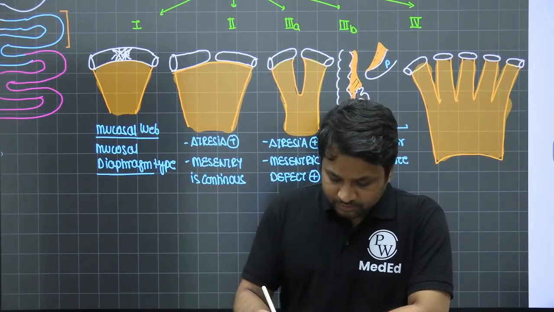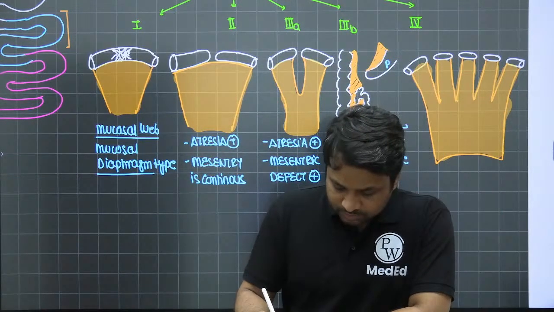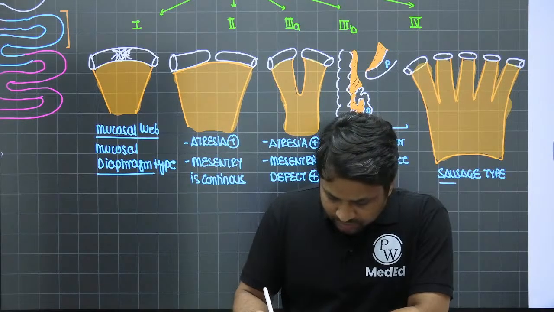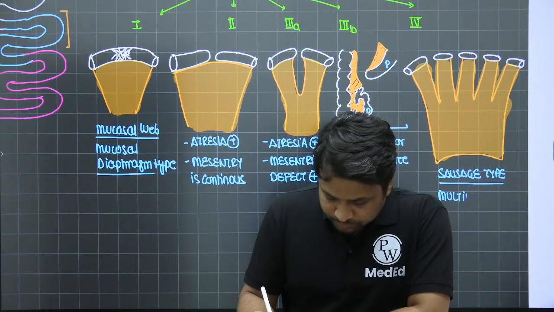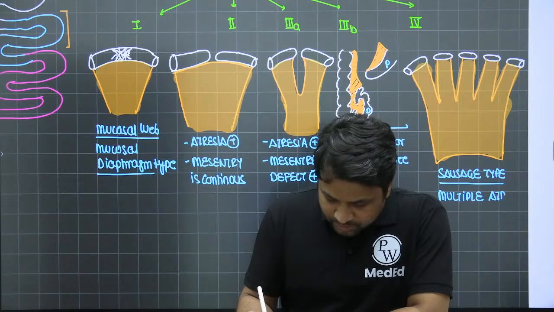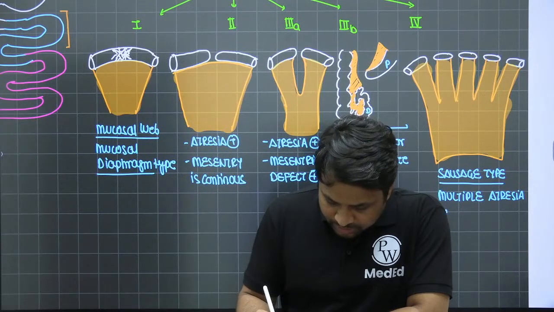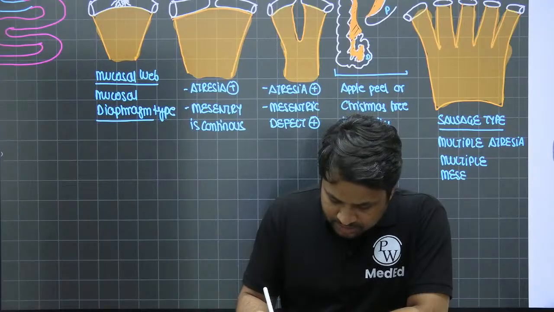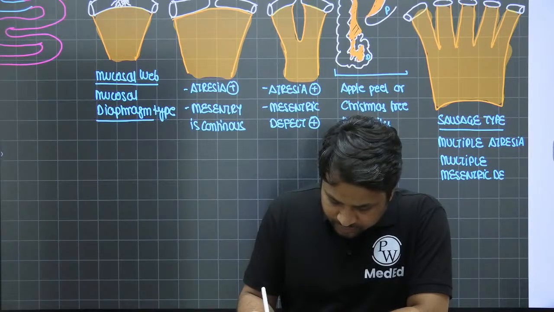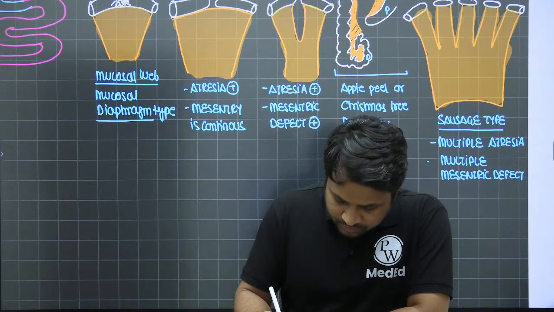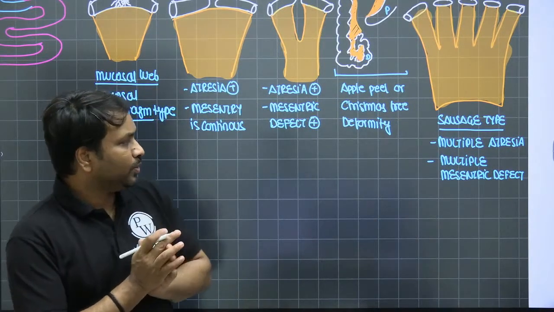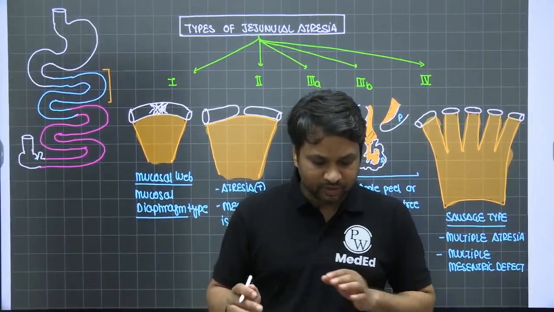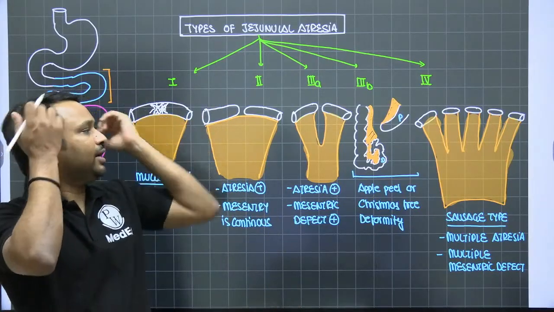In type 4 variety, this is what we call the sausage type, where you have multiple atresias with multiple mesenteric defects. So this is the entire component of the jejunal atresia.